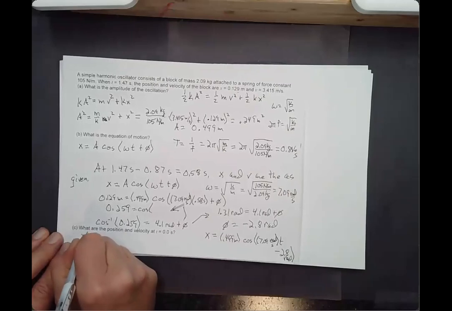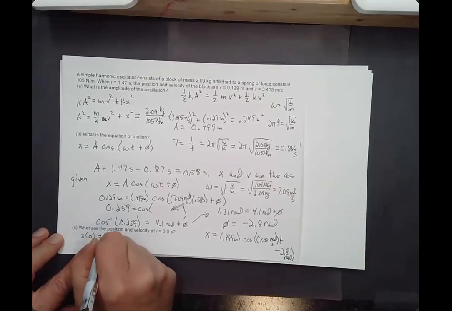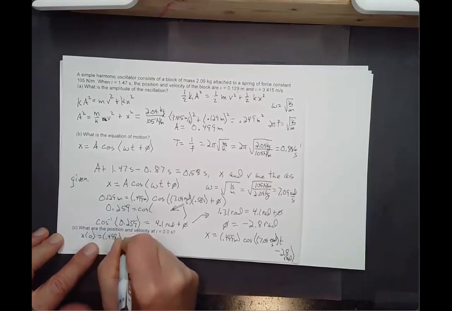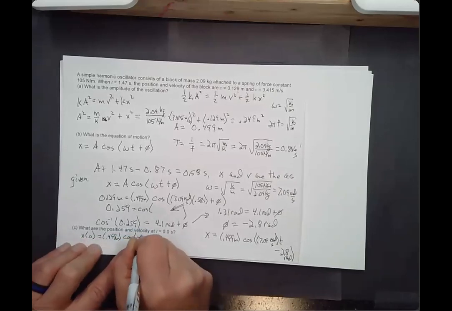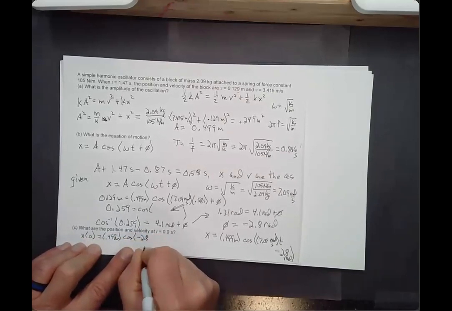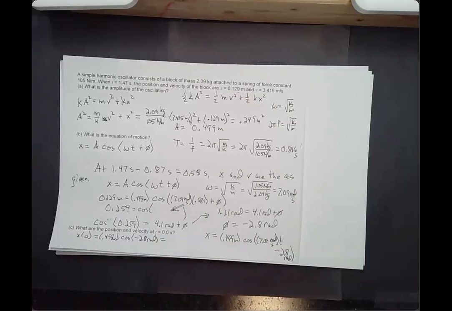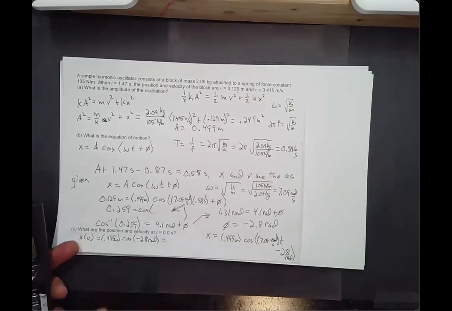So x of 0 is going to equal 0.499 meters times the cosine of minus 2.8 radians. And my calculator can handle that. I'm only going to have 2 significant figures when I'm done.